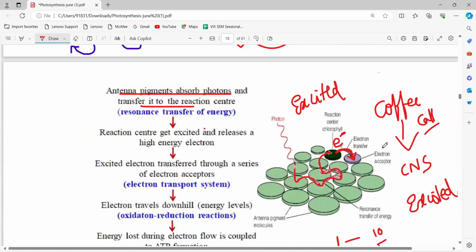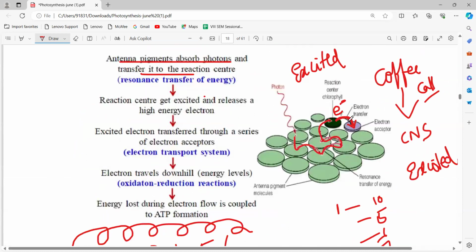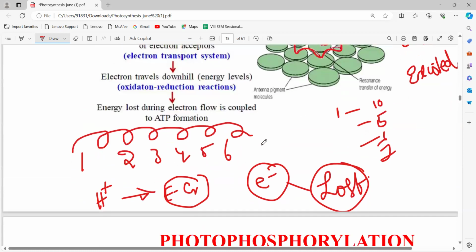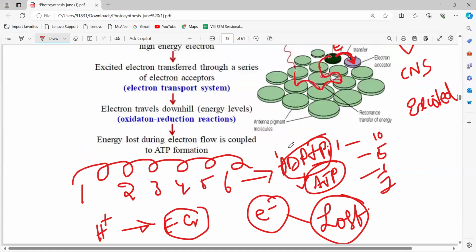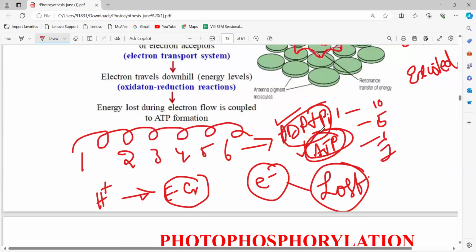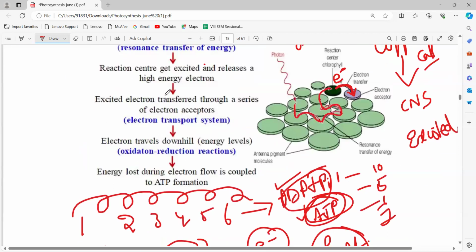So similarly, when the electron is moving from one electron acceptor to another, it loses certain energy. Friends, that energy we use to combine ADP with Pi, hence there is a formation of ATP molecule. This is how we produce ATP, because the ultimate goal is what? To produce ATP. So every one of you understand it.